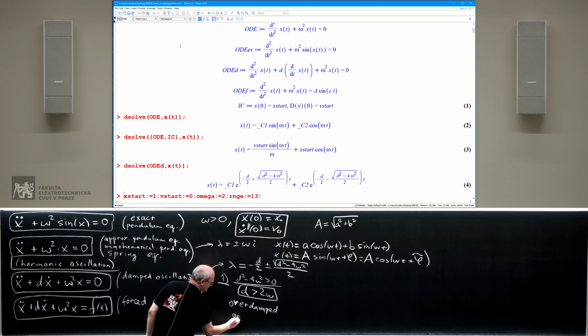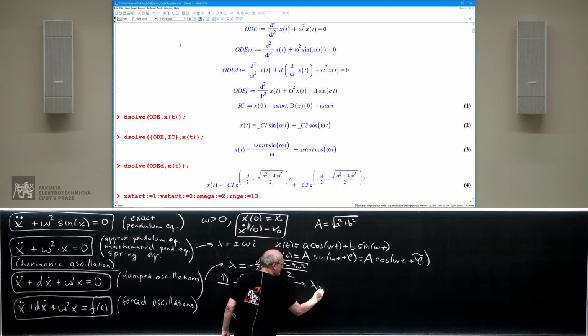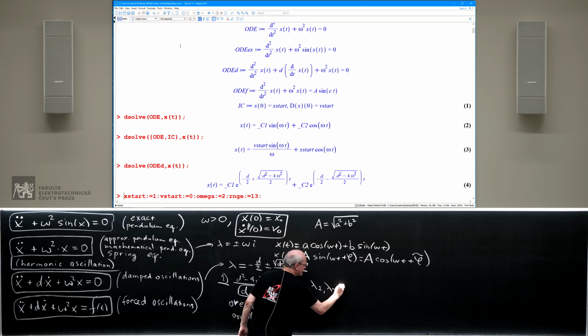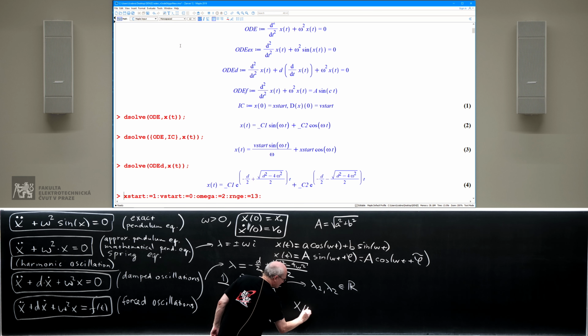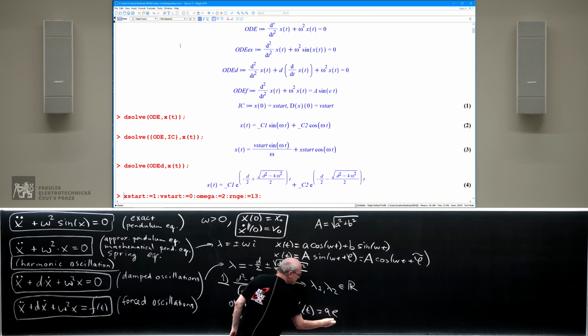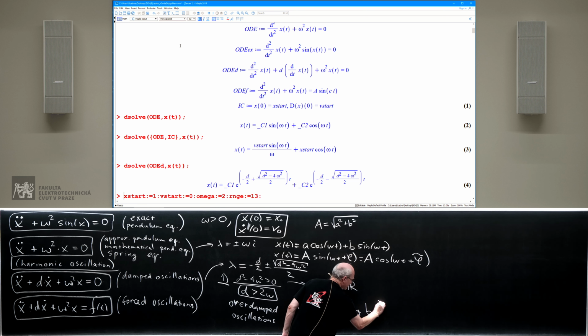oscillations. And when you have those overdamped oscillations, it means that you get two roots, lambda 1 and lambda 2, which are real. And therefore, your solution is just a combination of one exponential, lambda 1 t, plus second exponential, lambda 2 t, as the argument.